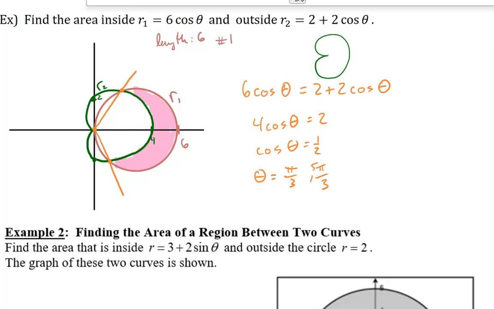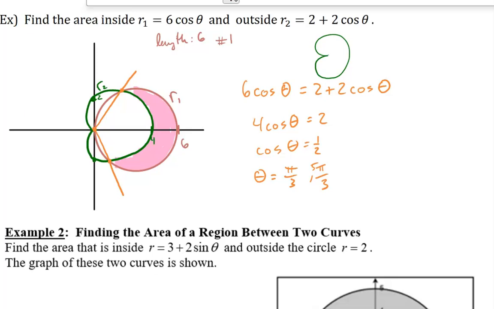Okay, so as far as figuring out how to express that, we could actually do it a couple of different ways. Think of it in terms of sectors though, okay? I do see that I have symmetry, so maybe I just do the top half of this and then I double it. Okay, so that's one thing that's a pretty common option.